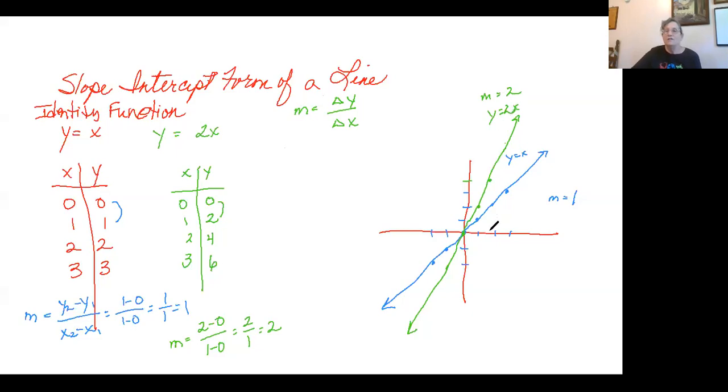Let's take a look at another one. What if we want to compare y equals 2x, which has, here's some points, 0, 0, 1, 2, 2, 4, 3, 6.